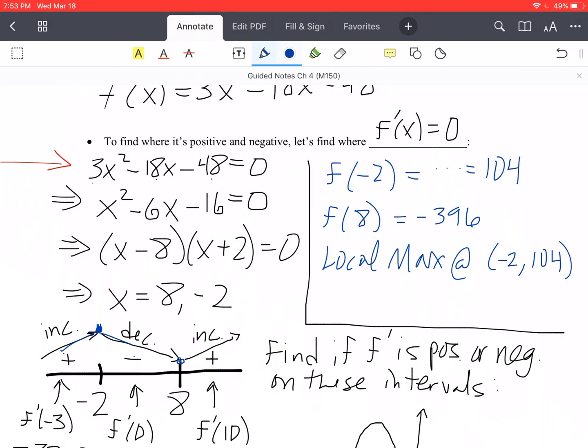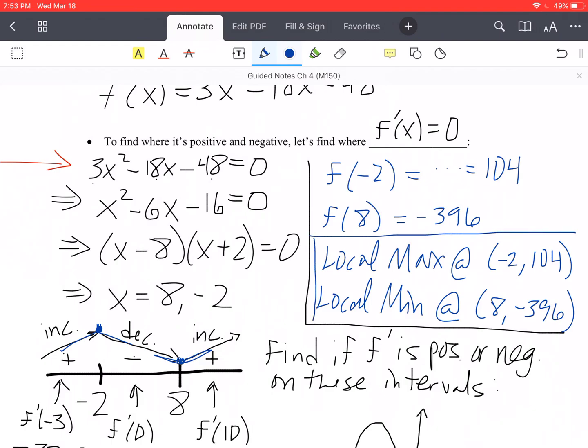And then this one here at 8, everything else around it is bigger than it is. So that makes it a local min at the point 8, -396. So this would be our solution if we were looking for local maxes and mins.